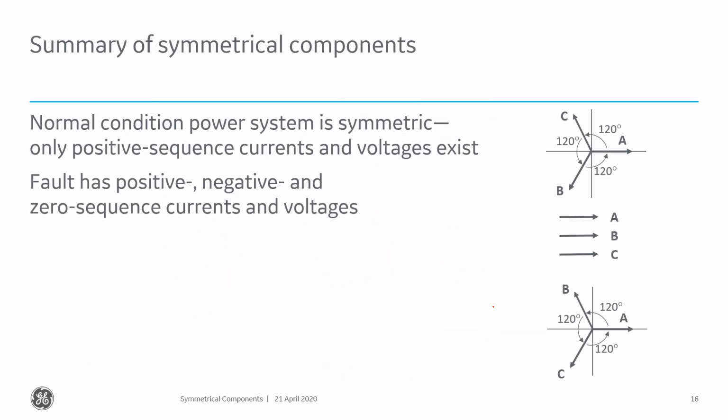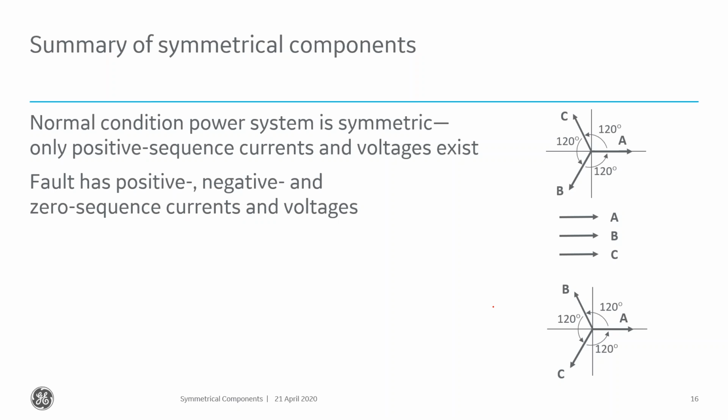So a summary of symmetrical components is, hey, this is a way to take an unbalanced system and turn it into three balanced systems. With those three balanced systems, we can then start analyzing our networks. We can then start analyzing fault conditions.